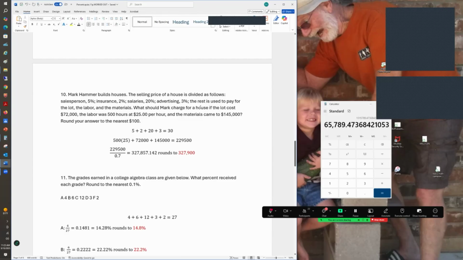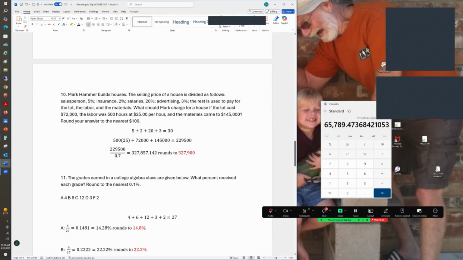Now, for the rest, you have to figure out what percent is the rest. So 5 plus 2 plus 20 plus 3, that's 30% of the selling price of the house. Now, the other 70% is the lot, labor, and material.